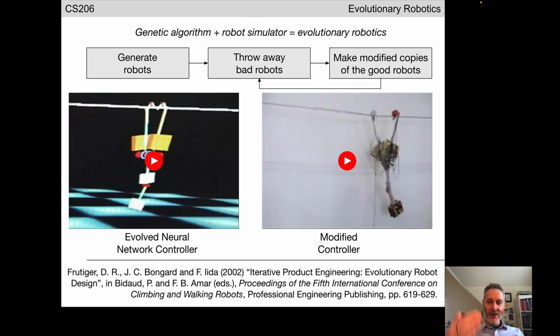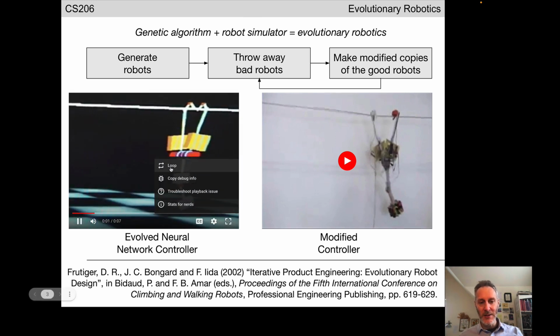So we're imagining a large number of robots, some of which are better at solving the problem than others. And we do the same thing. We generate a bunch of random robots to begin with. We see how well each one does at the problem. We delete the ones that are performing poorly and make randomly modified copies of the ones that survive. You've seen a few examples of this already.